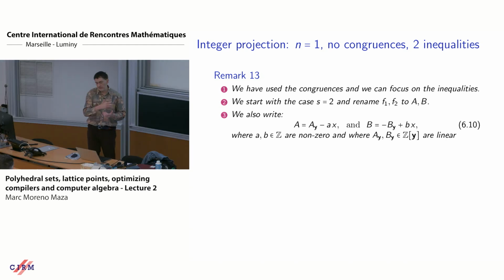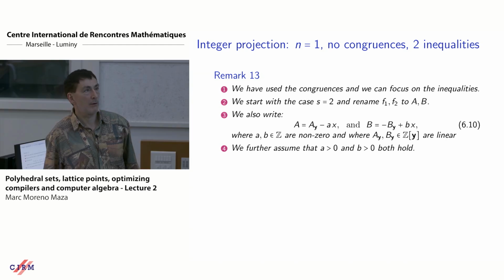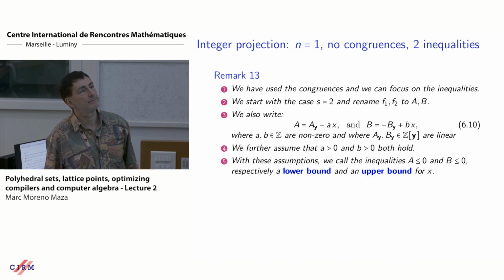So that means this is all the terms of my polynomials except the term where I have X, the variable that I want to eliminate. And again, I can assume that here my little a, little b are positive. Please note that the sign. So one inequality is what we call a lower bound for x, and another one gives an upper bound for x.